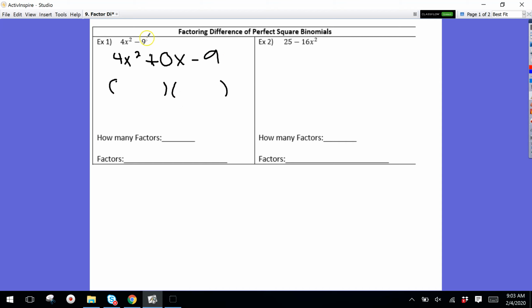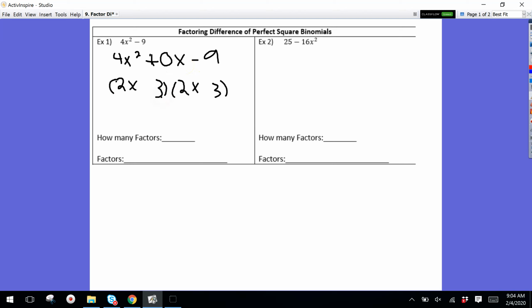All right, so 4x squared is a perfect square, so I can make it into 2x times 2x. And so is 9. 9 is a perfect square, so I can write it as 3 and 3. Again, I have the same exact two things. My goal is that when I combine the inner and the outer, it becomes a 0.